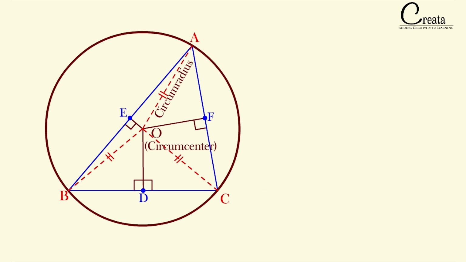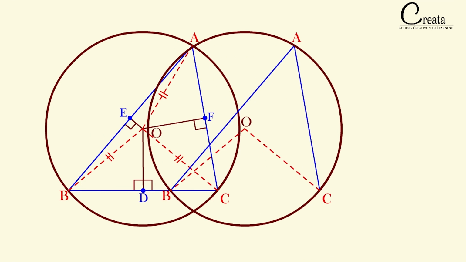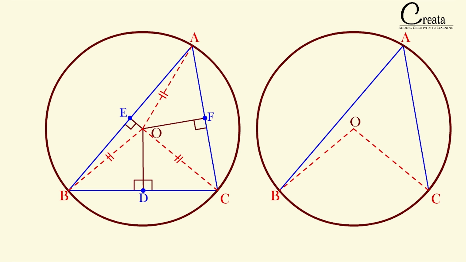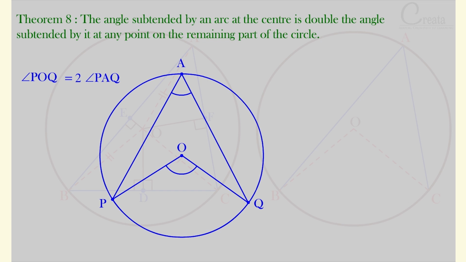Moving further, if we take out this circle and the 2 sides of the triangle AB and AC and the line segments OB and OC out of this figure, are you able to correlate this fundamental with the arcs of the circle? The fundamental is that the angle subtended by the arc at the center is twice the angle it subtends anywhere on the circumference of the circle.